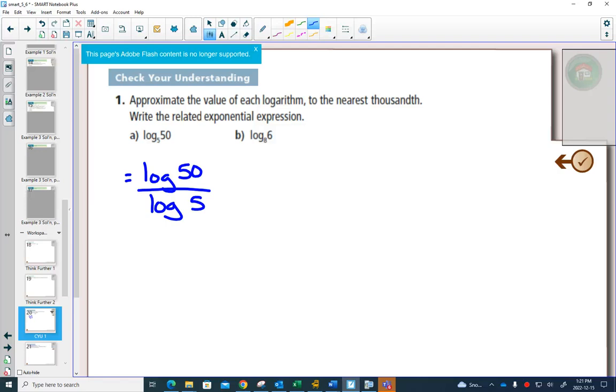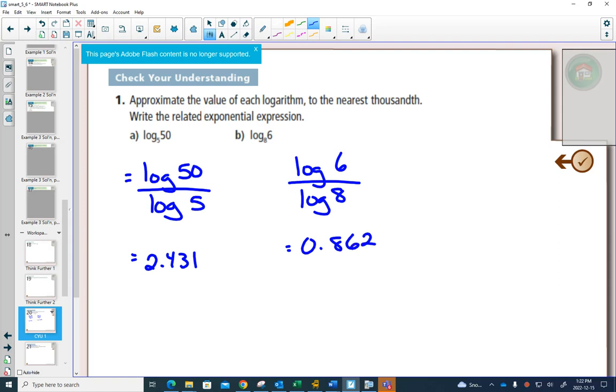You could type that into your calculator quite easily to get 2.431. Same thing here. This would be log 6 divided by log 8. So then your answer would be 0.862.